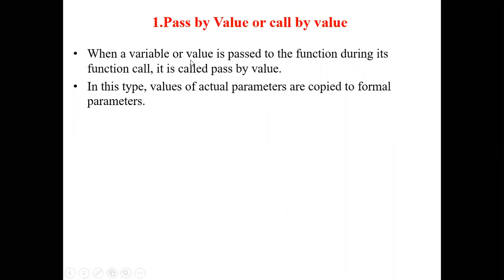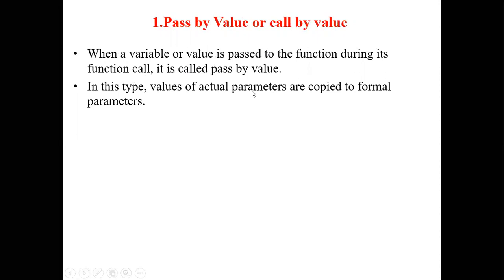When a variable or value is passed to the function during its function call, it is called pass by value. In this type, the value of actual parameters is copied to the formal parameters.